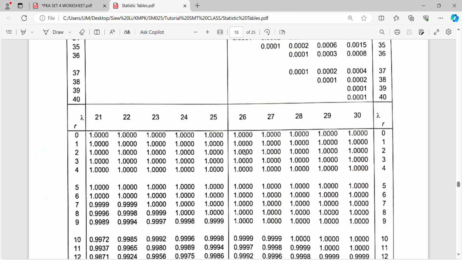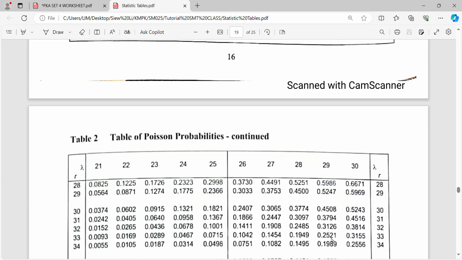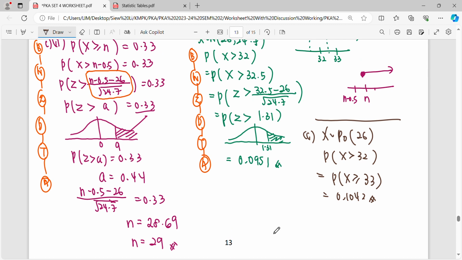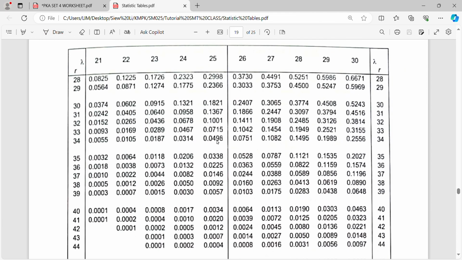Reading of 33, it will be 0.042. So when you come to question number 2, X greater than or equal to n equals 0.33, what reading can give you 0.33 in Poisson? The nearest here will be 0.4 on here. So 41.